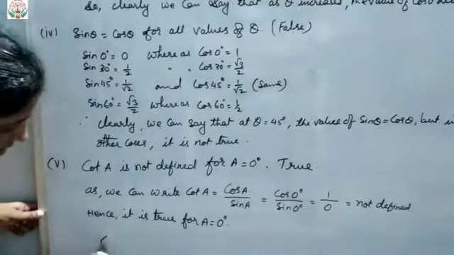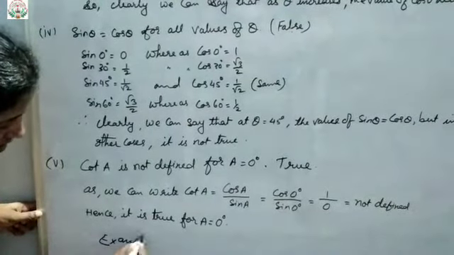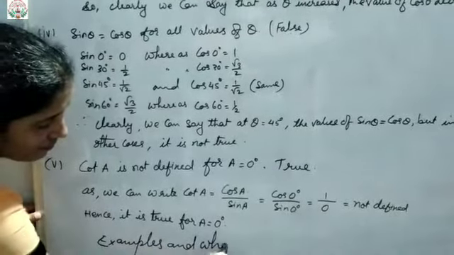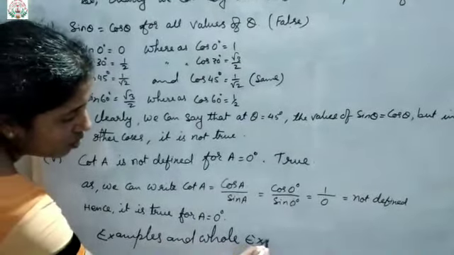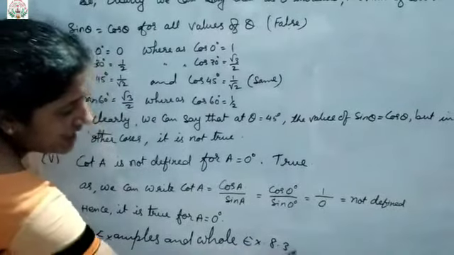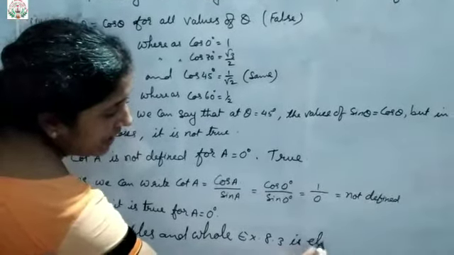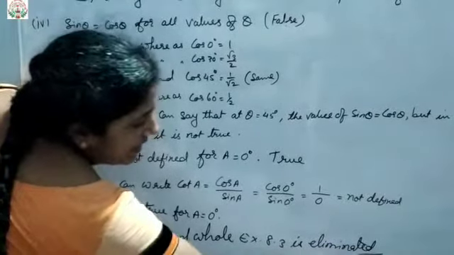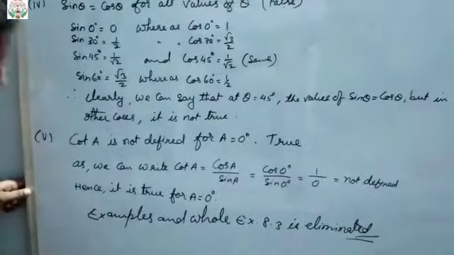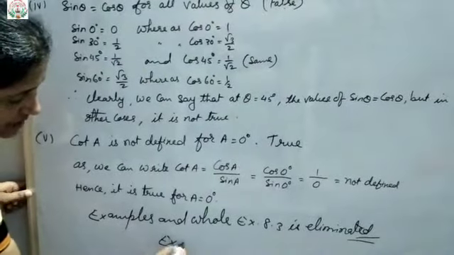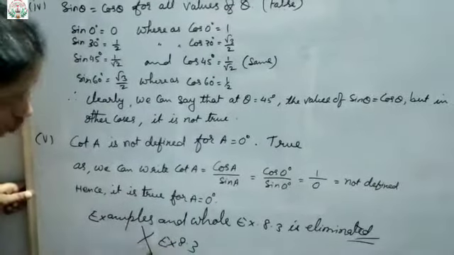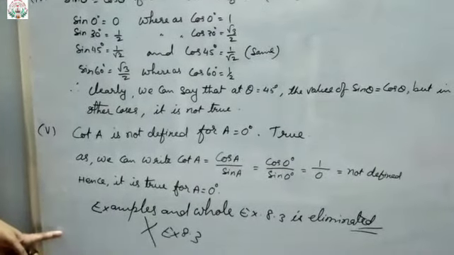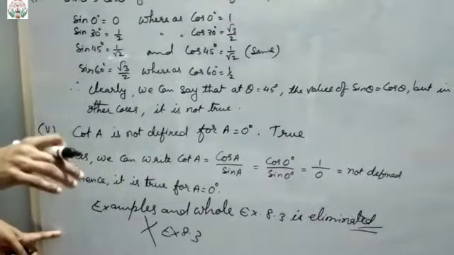I can write: examples and whole exercise of 8.3 is eliminated for this year. It's not there. Exercise 8.3 is not there. Understood? It is not included in your syllabus for this current year.